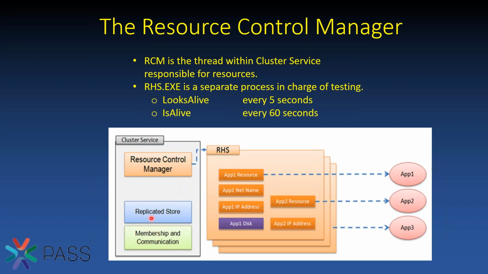There are some other properties to the cluster service. The replicated store, so basically the state of the cluster is replicated to all nodes in the cluster. We don't have just a central repository anymore where the cluster brain sits. It's replicated across all nodes. And then we have membership and communication functions in the cluster service.